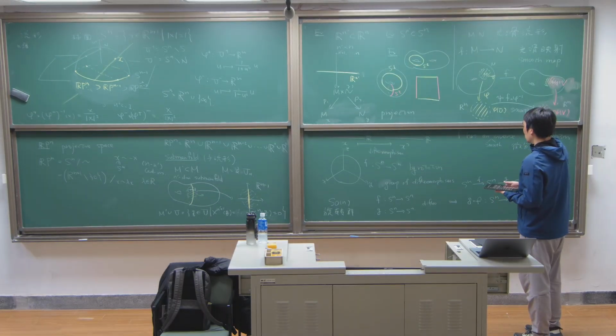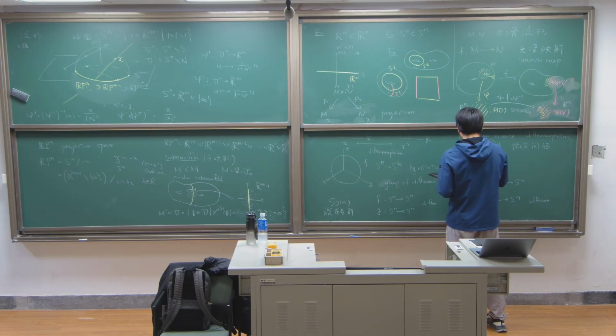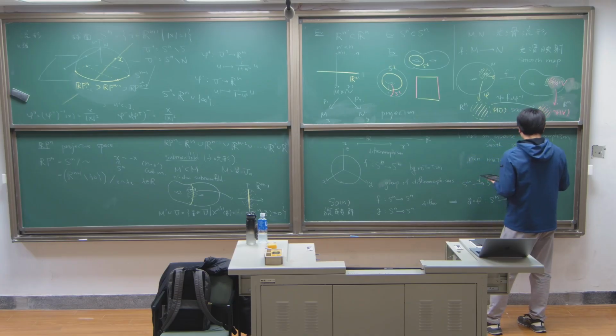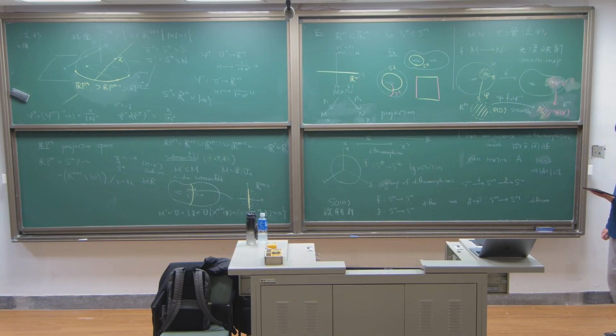In other words, it is n by n matrices acting on x. Do you understand what I mean?